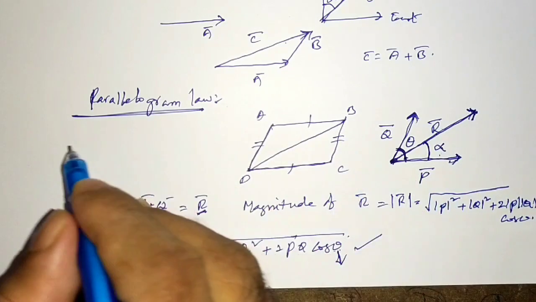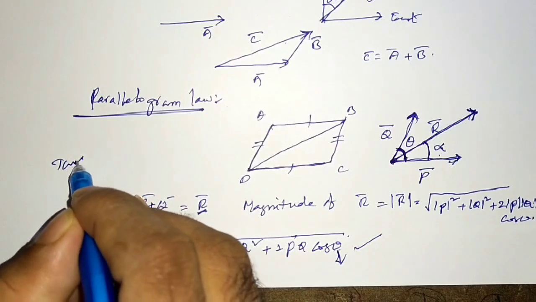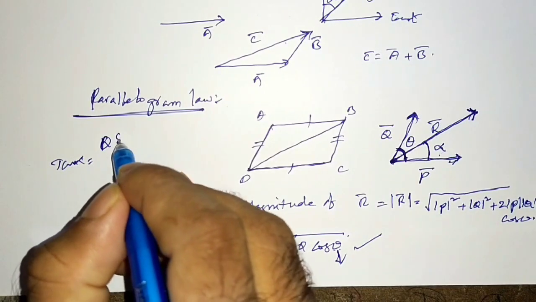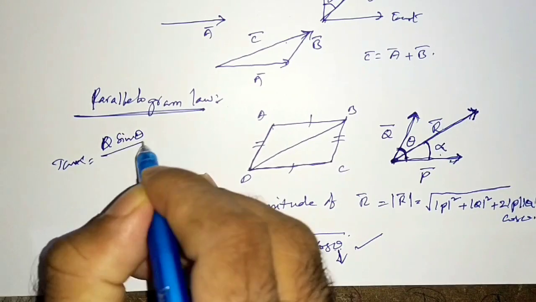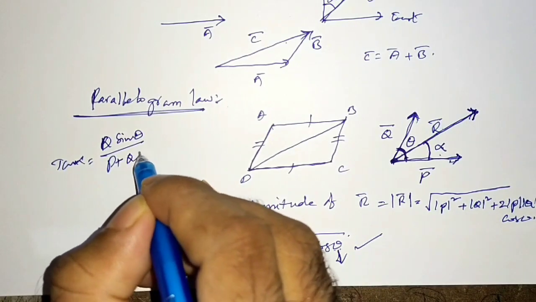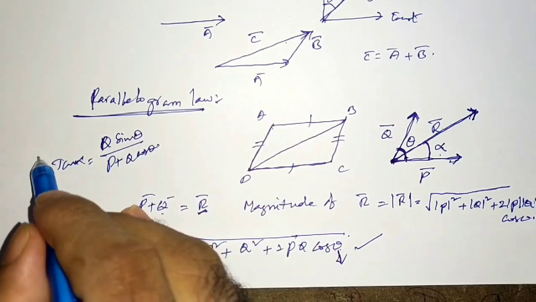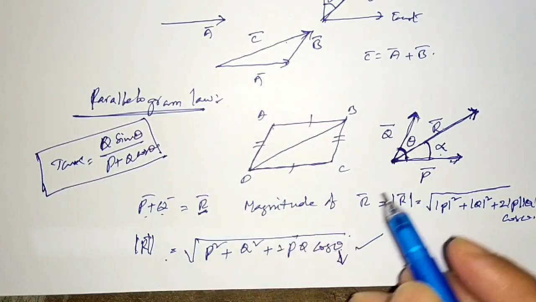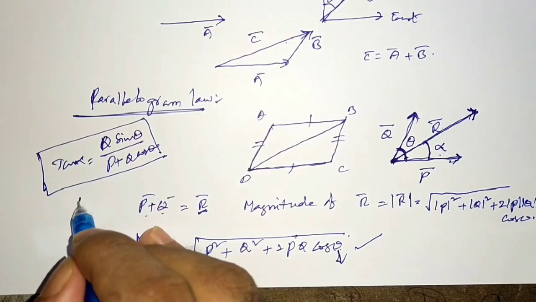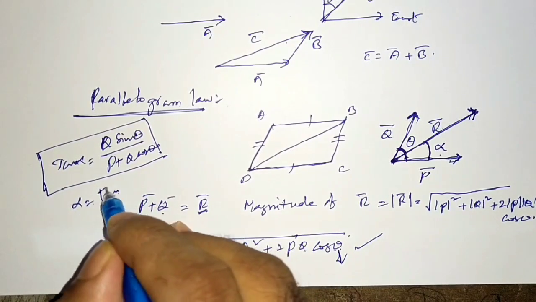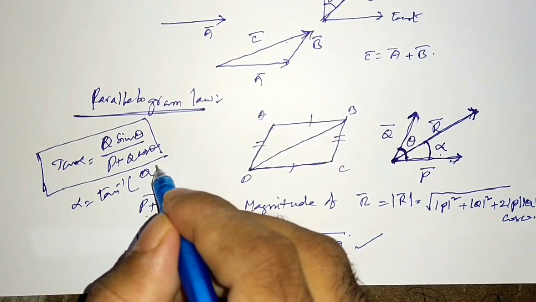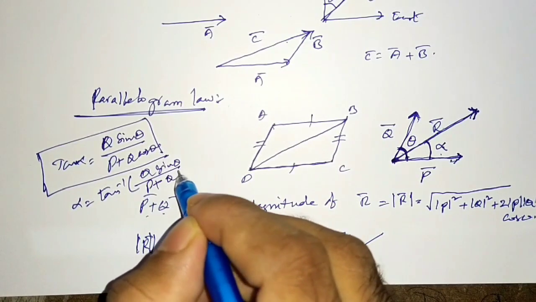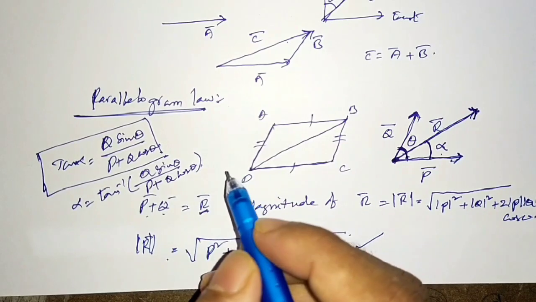So from this we can write tan alpha is equal to q sin theta by p plus q cos theta, right? This is the direction of r. Or else you can write this as alpha is equal to tan inverse of q sin theta by p plus q cos theta, right?